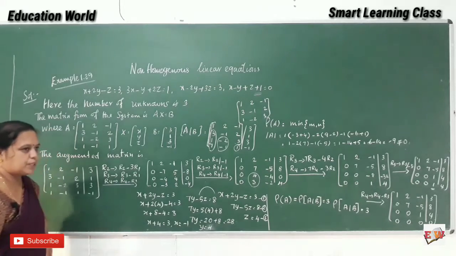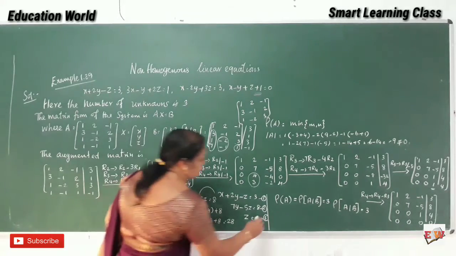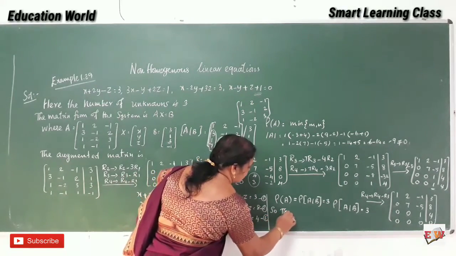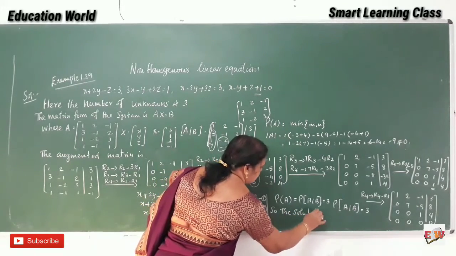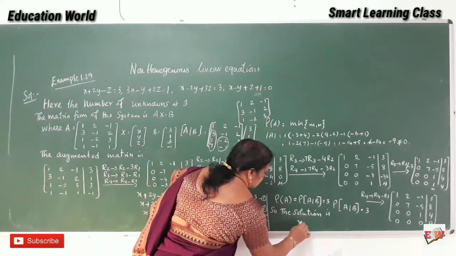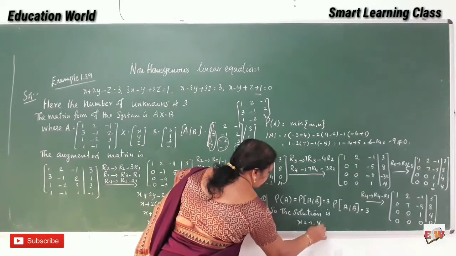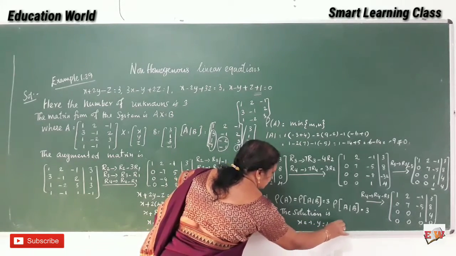So the solution is x is equal to minus 1, y is equal to 4, z is equal to 4.